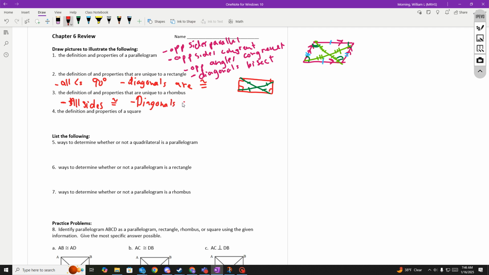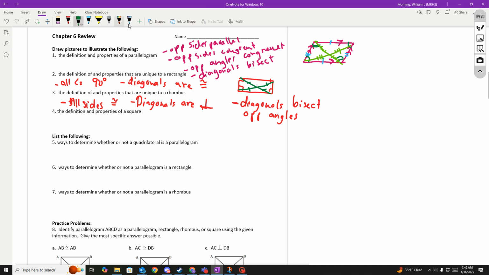They intersect at 90 degrees. The rhombus also has another property that is not so obvious, and that is that the diagonals bisect their opposite angles. Diagonals bisect the opposite angles.